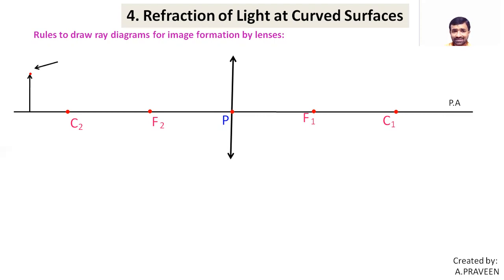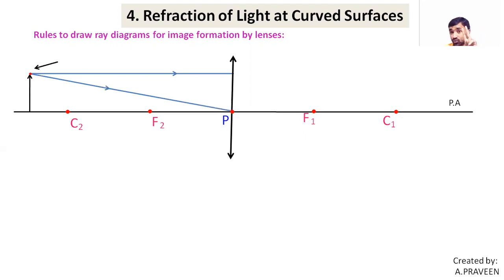So here, this is the object. Vertically, I am showing it always above the principal axis. So this is the top of the object, that point you are selecting. From the top of the object, at least you require two light rays. One is parallel to the principal axis, and the other is passing through the optic center of the lens.